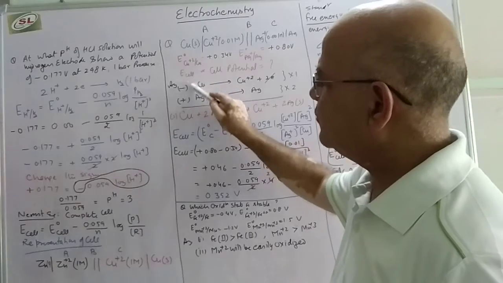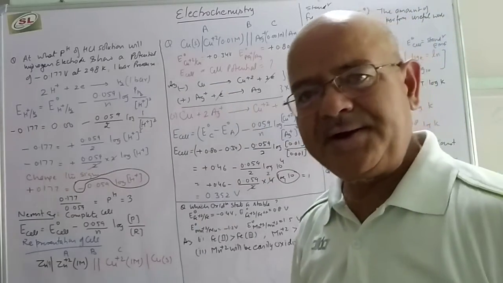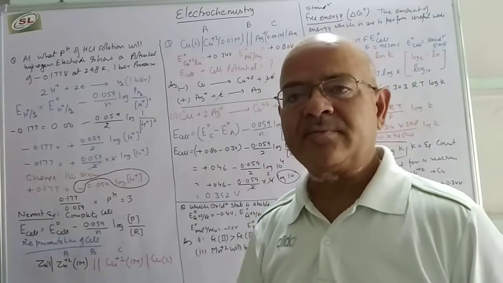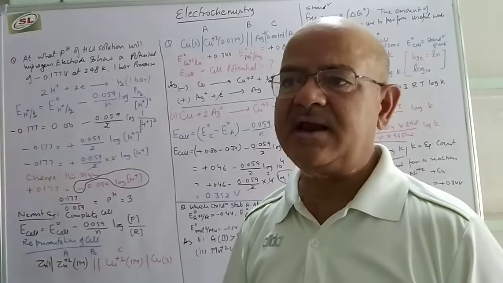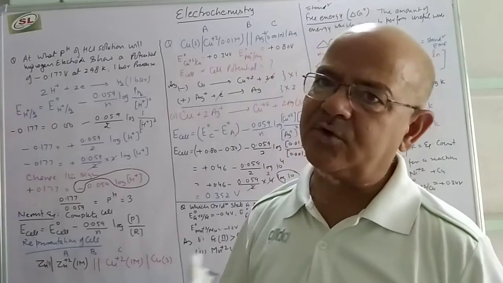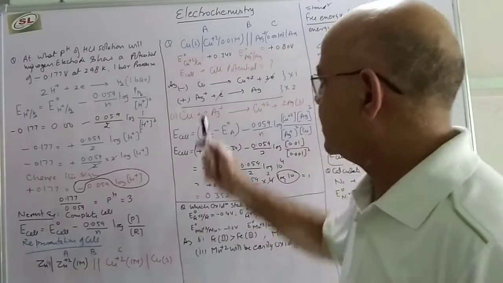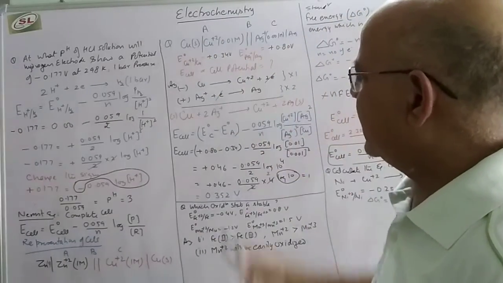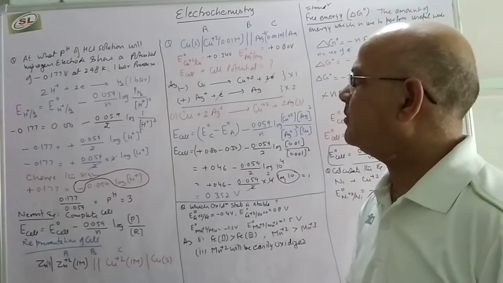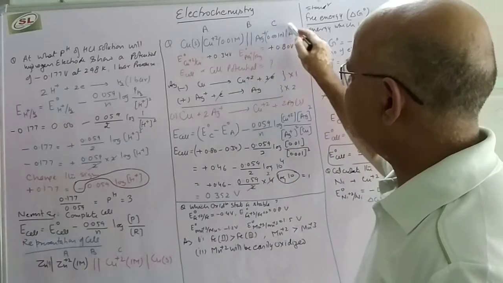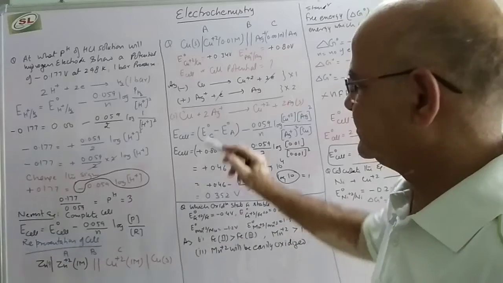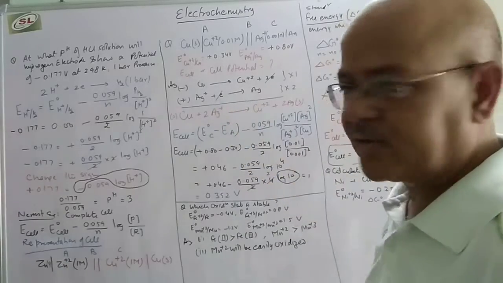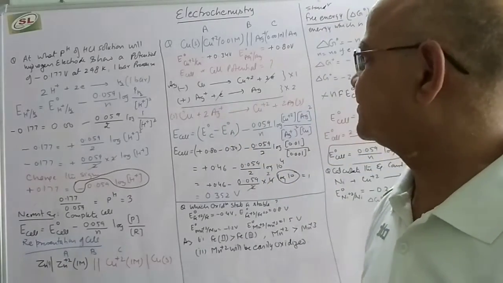The standard electrode potentials are also given to us and we have to find out the cell potential. First of all, we will write down the reaction of the anode. Mind it, conventionally, in an electrochemical cell, anode will be negative and cathode will be positive. Copper will convert into copper+2 and it will donate 2 electrons. On the other hand, Ag+ will receive an electron and convert into Ag.